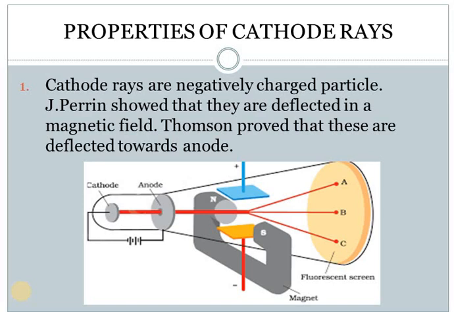It means that something of opposite charge is present which is attracted by the positive charge. It means that the thing which is flowing has a negative charge. That's why it is being attracted by the positive electrode, that is the anode.